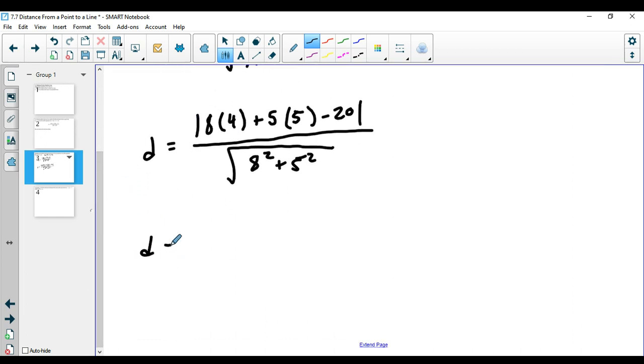So for the top, it's 25. I'm getting 37 in the top, all over the square root. 8 squared plus 5 squared is 89.